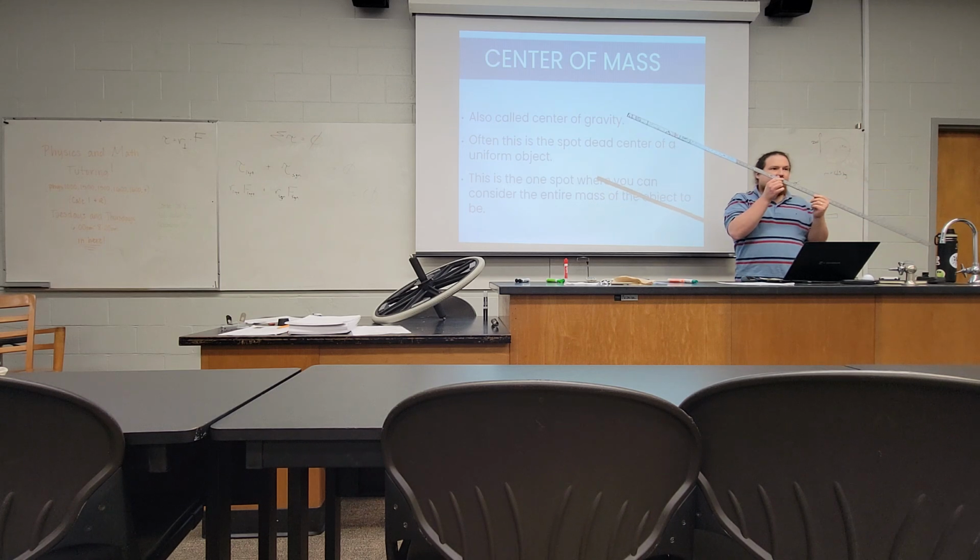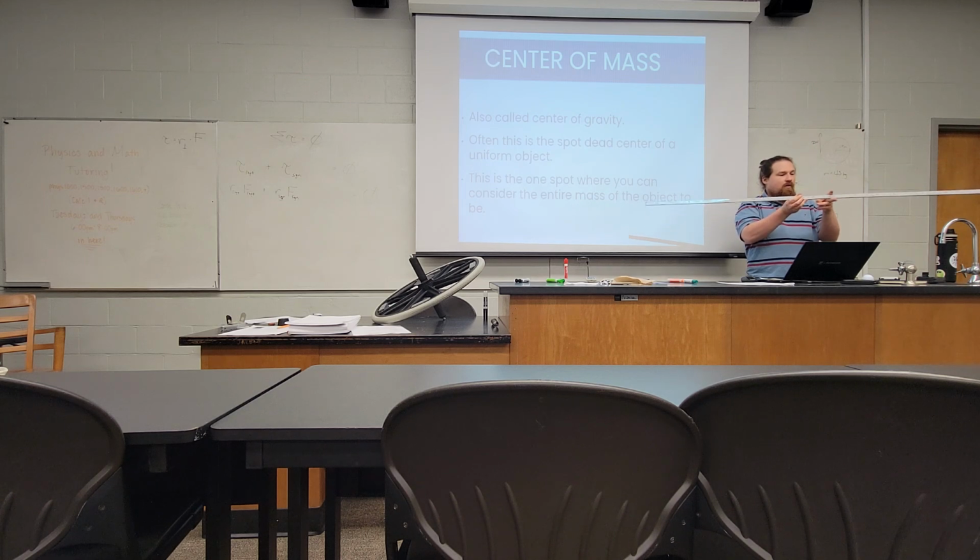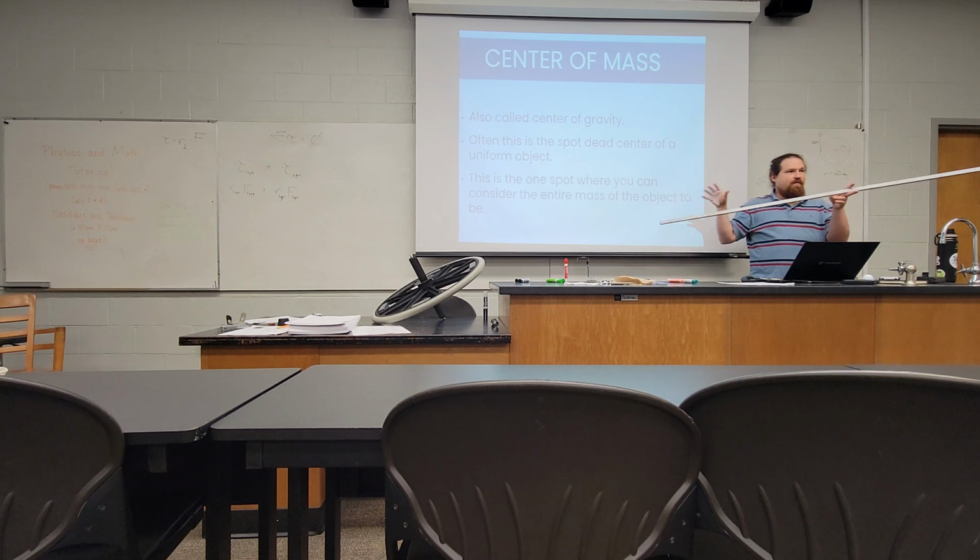So for this meter stick, its center of mass is in its middle at the 1 meter mark. It's 2 meters long, that's halfway down, 1 meter from either side. That is going to be this stick's center of mass.